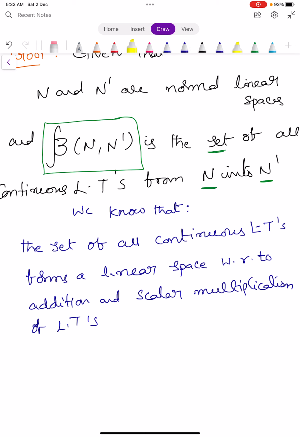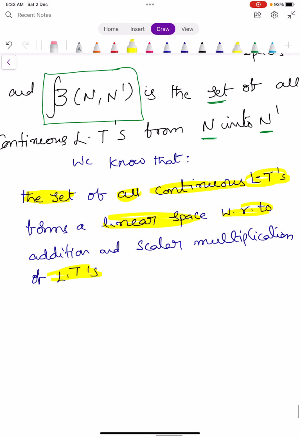This is one of the important results in linear spaces. The set of all continuous linear transformations forms a linear space with respect to addition and scalar multiplication of linear transformations. So you observe that script B of N comma N dash is the set of all continuous linear transformations. So from this point we conclude that script B of N comma N dash is a linear space.